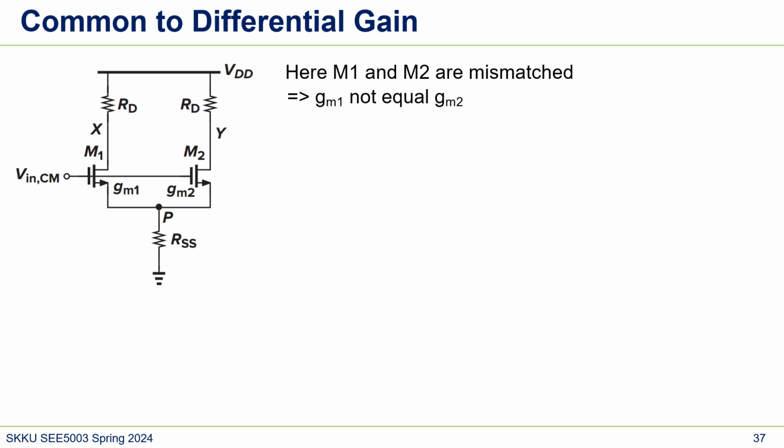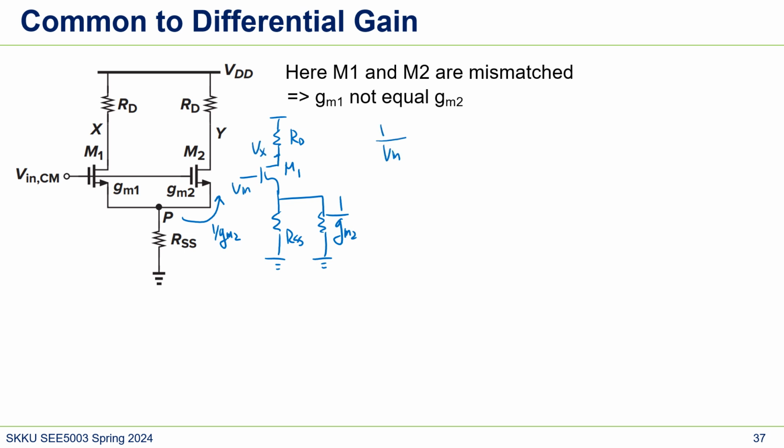Second case, when GM1 and GM2 are not the same, it requires some complicated calculation. So what we do is consider M1 and RSS, and M2 whose impedance would be 1 over GM2. So we'll calculate this.